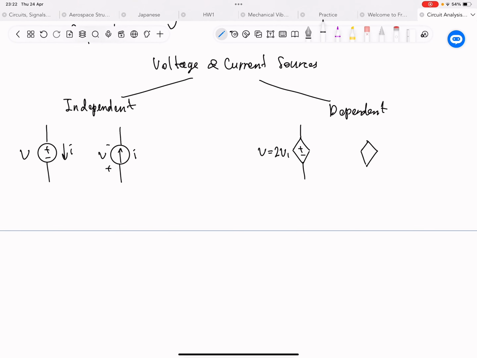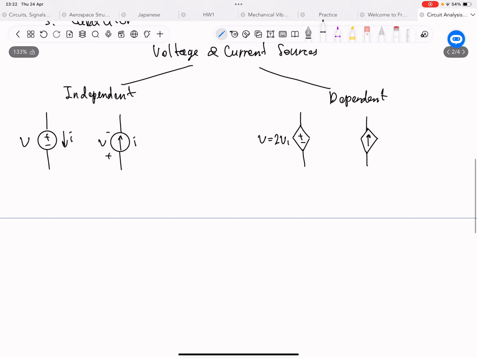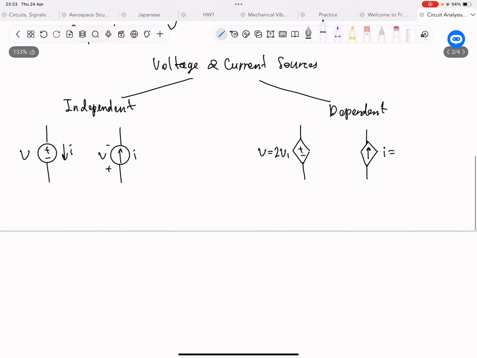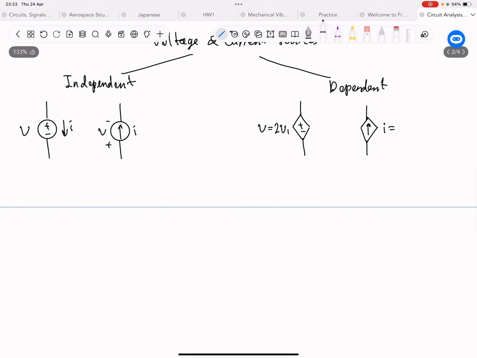A dependent current source again has a rhombus, and it has current flowing through it. And it's again a function, as was the voltage before. Let's say it's a function of I3.